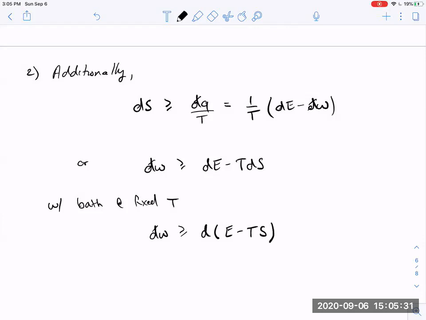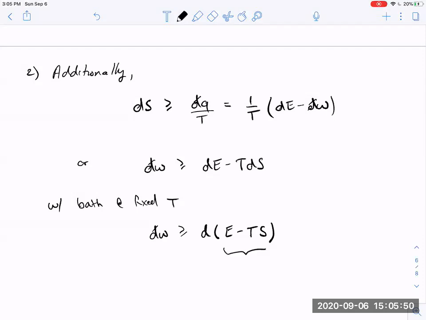Again, temperature fixed, so if I apply that differential, T is constant, I get differential changes just due to S. So the work is necessarily greater than or equal to changes of some quantity, E minus TS.